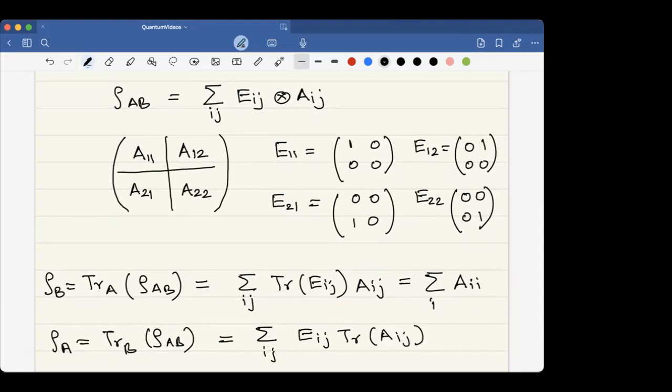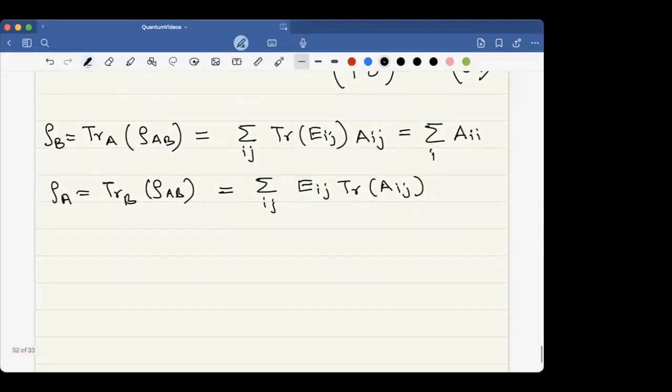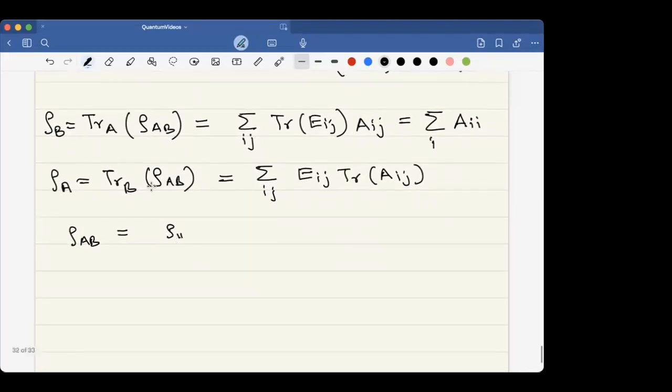Right. So these are two equations, and let's look at an example of a 4 cross 4 matrix. So let's take rho AB equal to, let's write this as A11, A12, A13, A14, and so on.